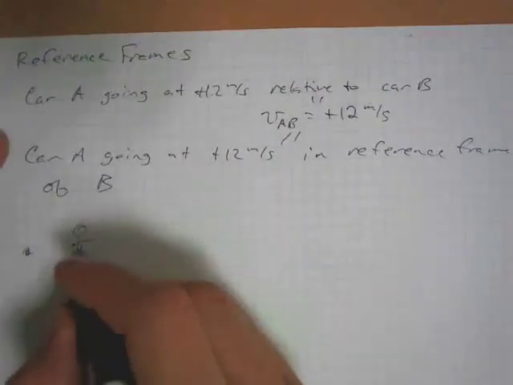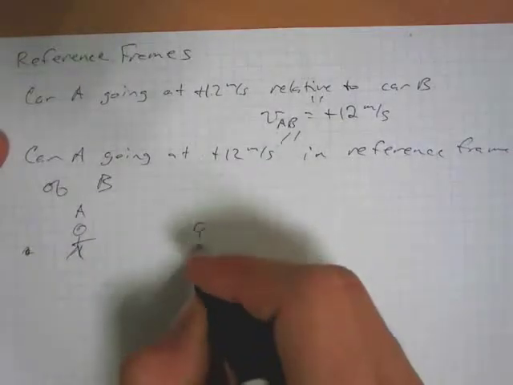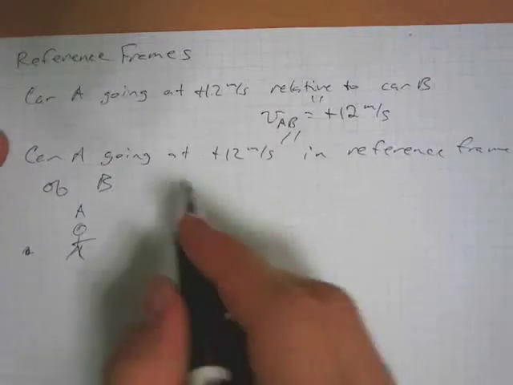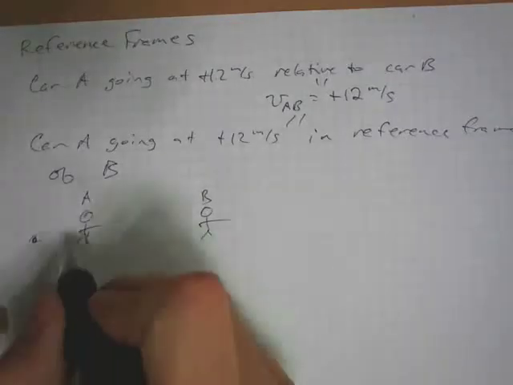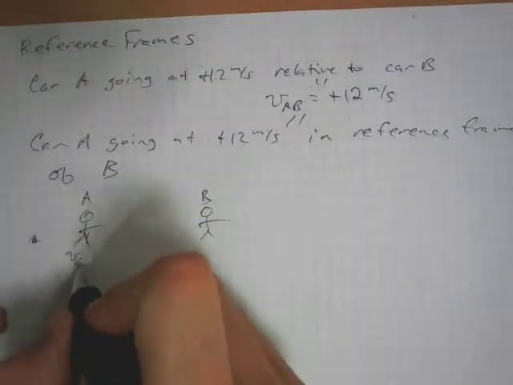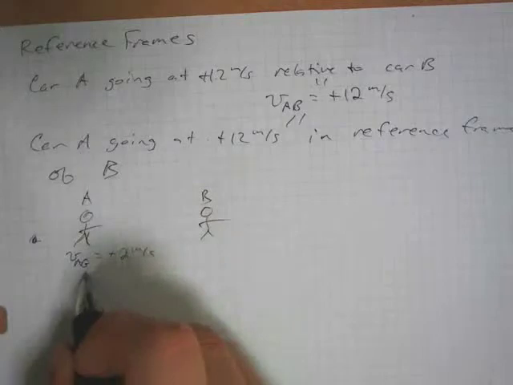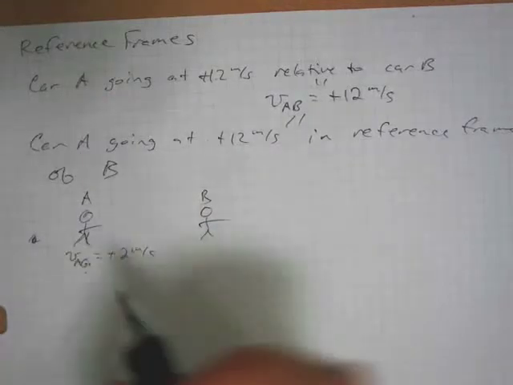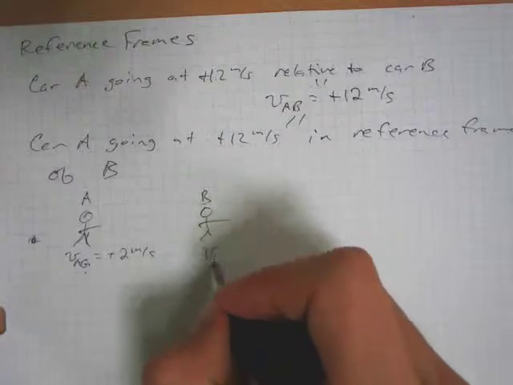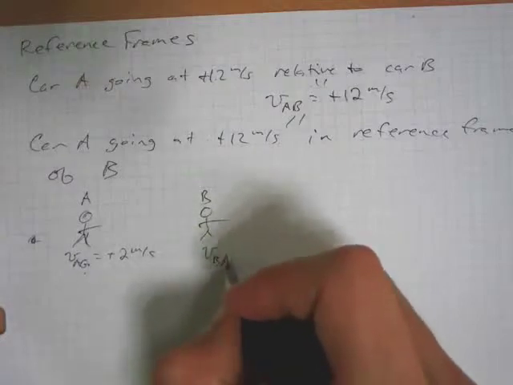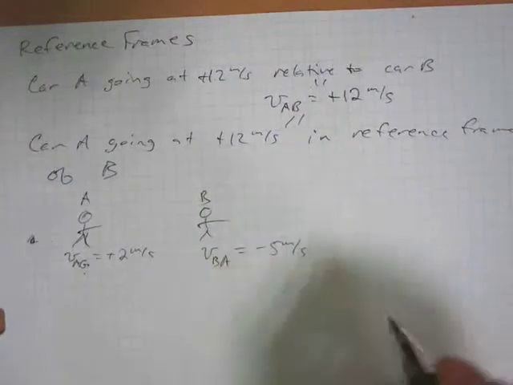There we've got person A. Say we've got person B. Let's say person A is moving at plus 2 meters per second relative to the ground. Let's say person B is moving at minus 5 meters per second relative to person A.